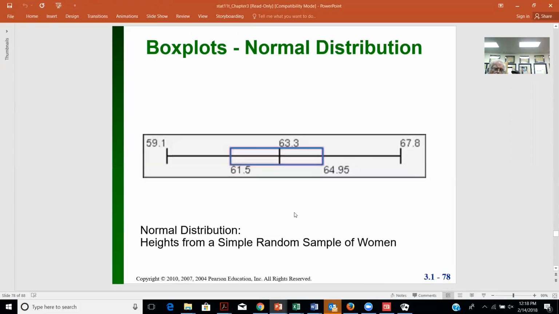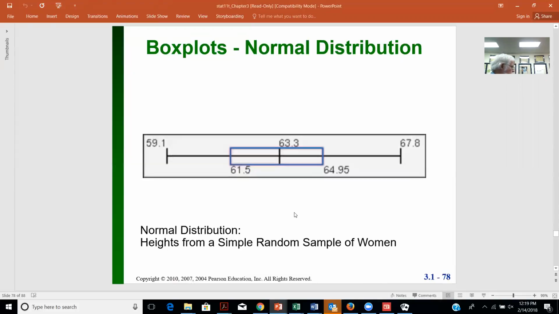So that is the minimum. The first quartile is 61.5 inches, just over 5 feet. The second quartile, the median, is 63.3. The third quartile goes to 64.95. This probably is in between two measurements to get to that second decimal point. And then our max is 67.8 inches. That's of this data set.